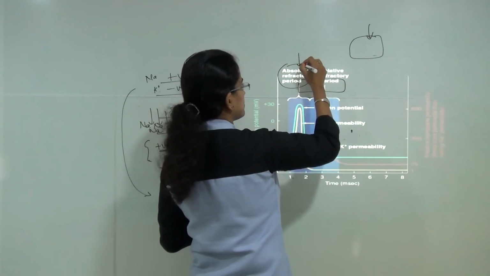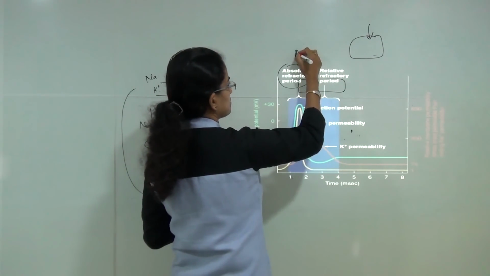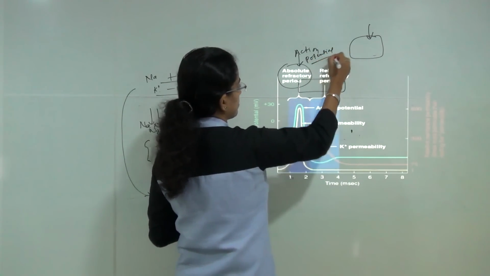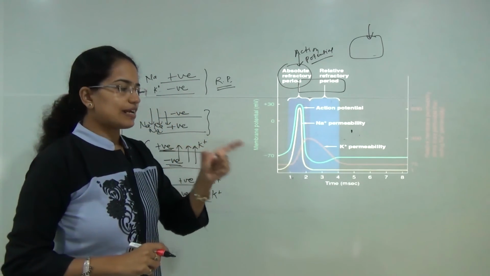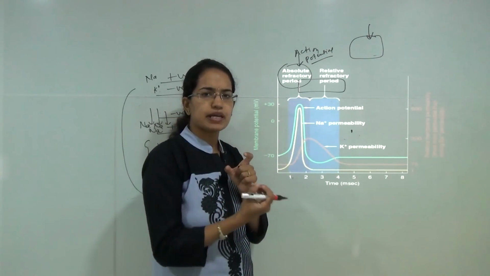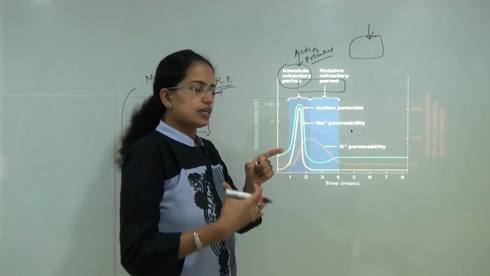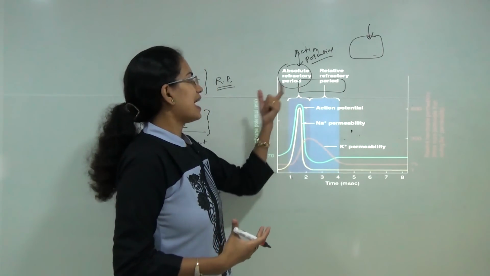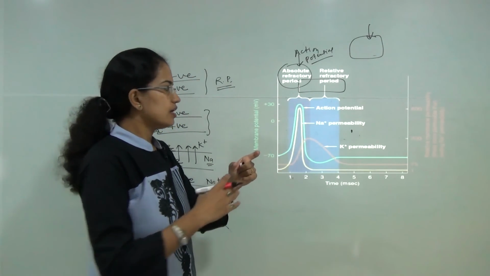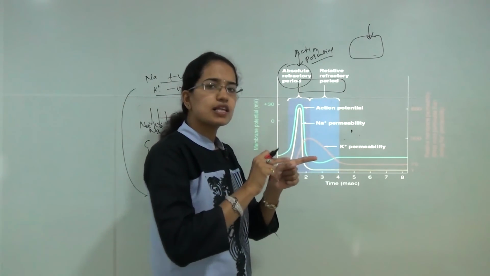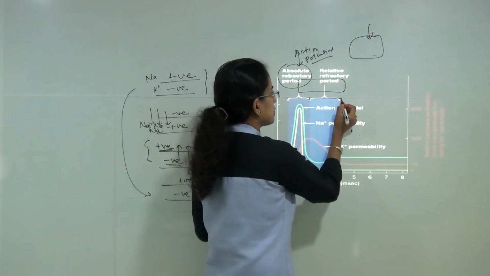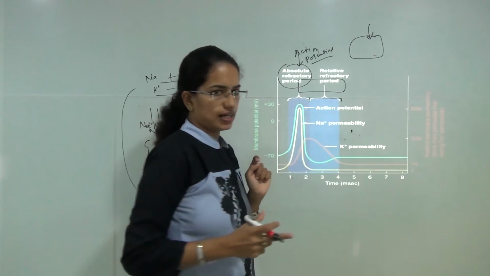The absolute refractory period is the action potential, and that is what we talked about when we gave the example of firing a gun. When you have fired a gun and you instantaneously fire it again within a milliseconds or microseconds gap, the gun won't be able to fire, and that is the absolute refractory period. However, beyond that period, if given a very high stimulus, the gun would be able to fire, and that is where we understand the relative refractory period.